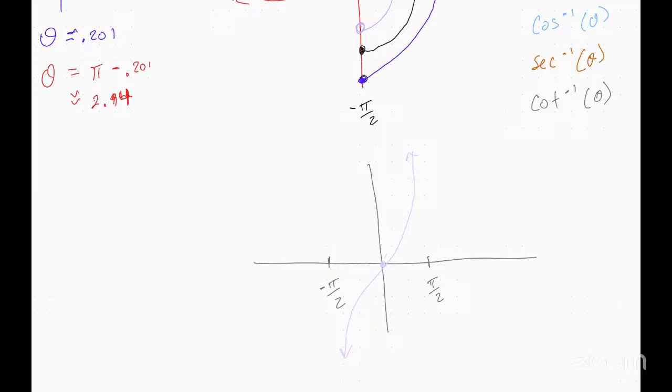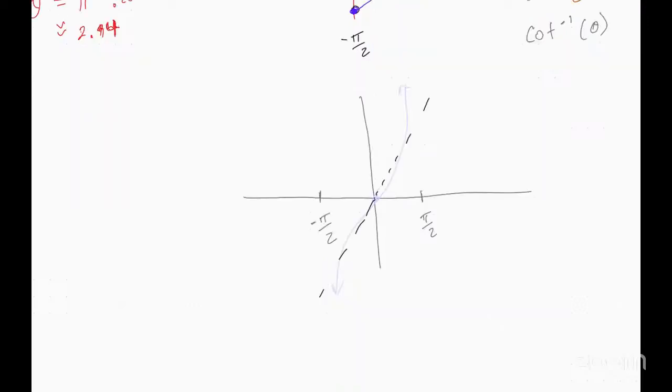So the graph of the inverse function would look like, I'll make it pink, it would look like this. That's the inverse tangent function, roughly. That's the tan inverse function.